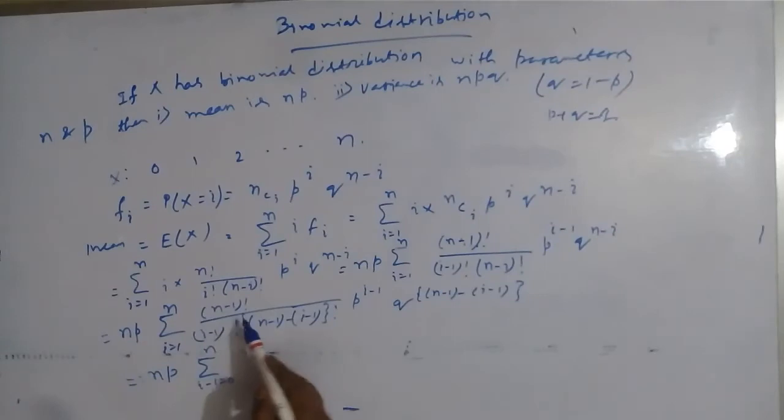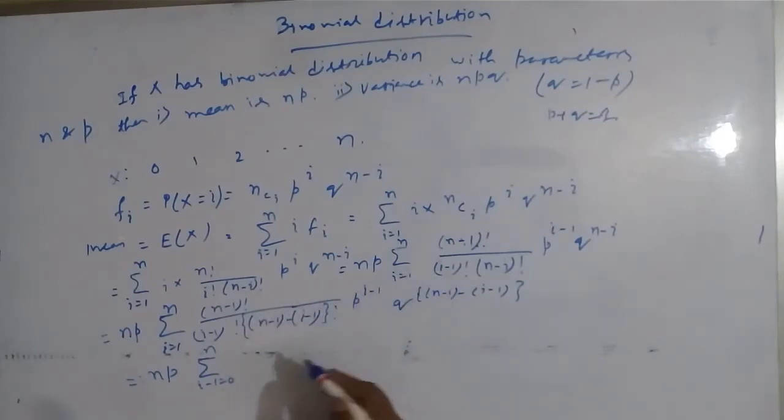And see this: if you think of this n and this as i, ignoring the minus 1, this is n factorial by i factorial into n minus i factorial, that is similar to nCi. So instead of n here it will be n minus 1, and instead of i here it will be i minus 1.